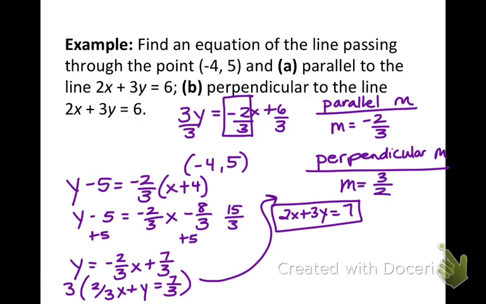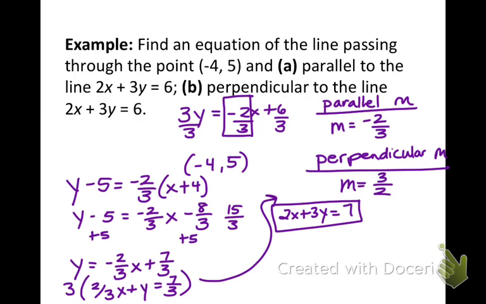So that technically should be the equation of my dotted line here. For part 2, I don't want my line to be parallel anymore. I want my line to be perpendicular. So now the slope's no longer going to be the same. It's going to be the opposite reciprocal.